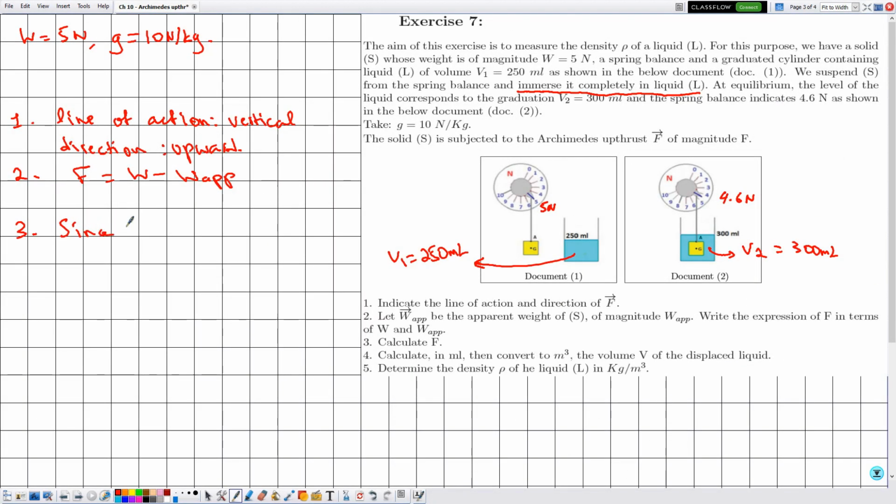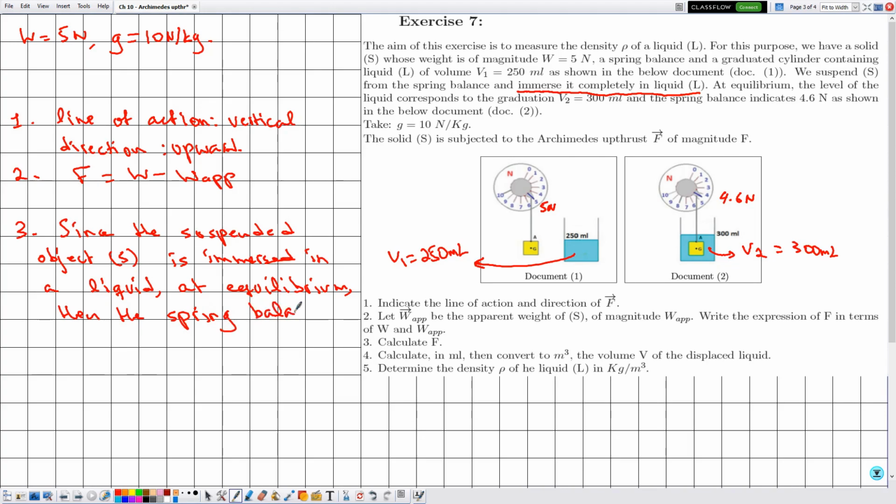Since the solid S, or the suspended object, is immersed in a liquid, then the spring balance indicates its apparent weight. So the value of the apparent weight is, in this case, 4.6 newtons.